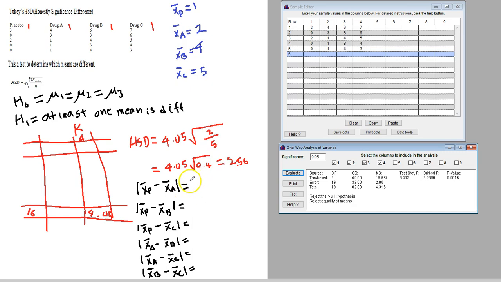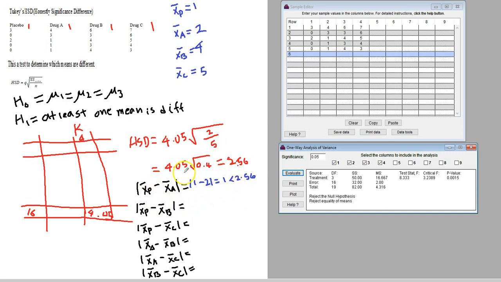So for example, placebo against drug A would be 1 minus 2, an absolute value of 1. Since 1 is less than 2.56, there is no significant difference between these two drugs.